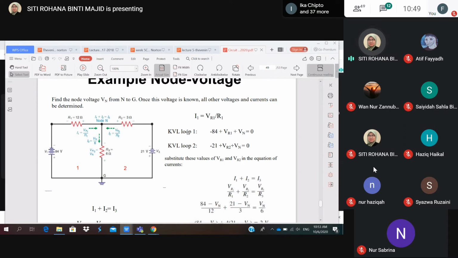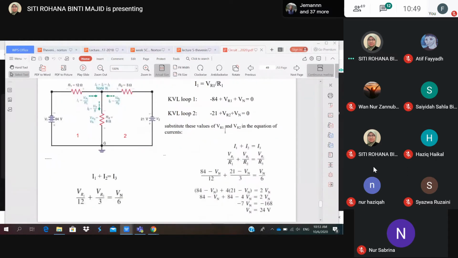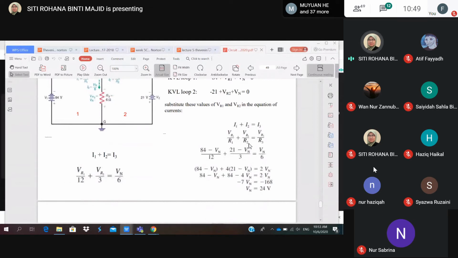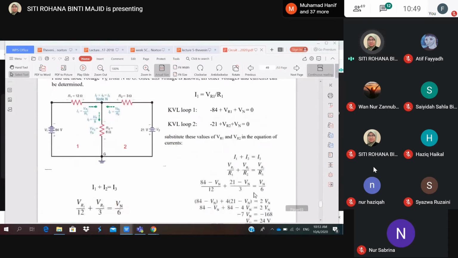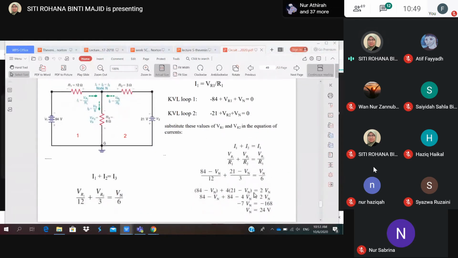Sometimes you can mix it with what we call mesh analysis, or you can directly use the potential difference using node analysis, and finally you will find the node voltage. But this one is very simple, so you can look at this example later.